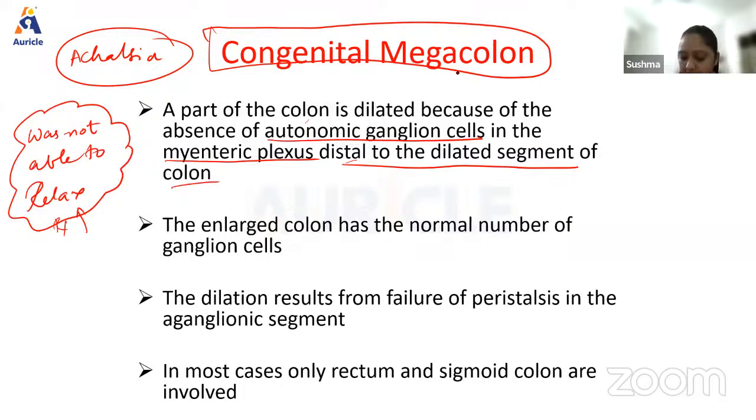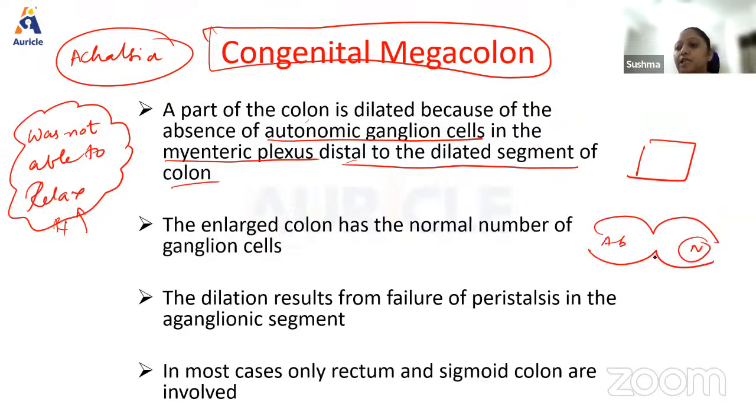But here in the congenital megacolon, you don't have the ganglionic cells in the myenteric plexus in one segment of the colon. Suppose, guys, this is the colon, transverse colon, let's say, this is the abnormal segment and this is the normal segment. Normally, what should happen? The food enters here, and by the process of peristalsis, food from this normal segment should go to the next segment and so on.